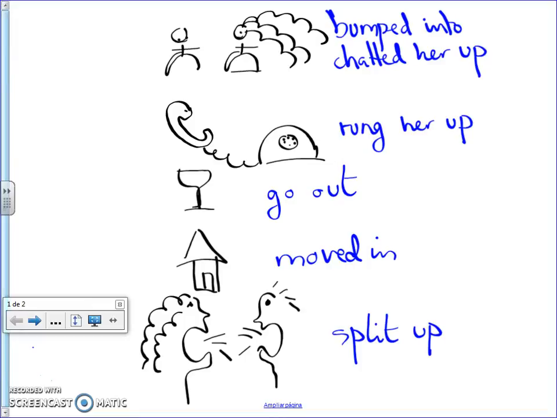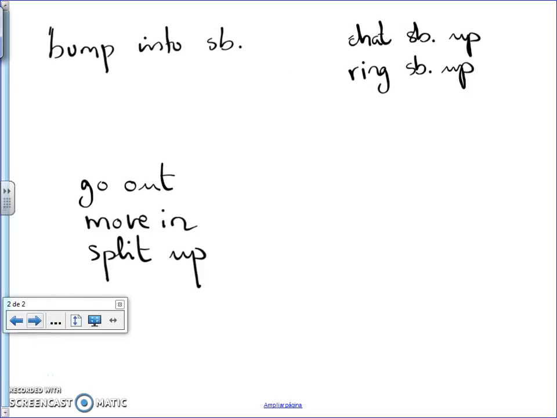Let's have a look at the verbs we have used in our story. These are phrasal verbs, right? You can see they're arranged into 3 groups. That's because we have 3 different types of verbs here.